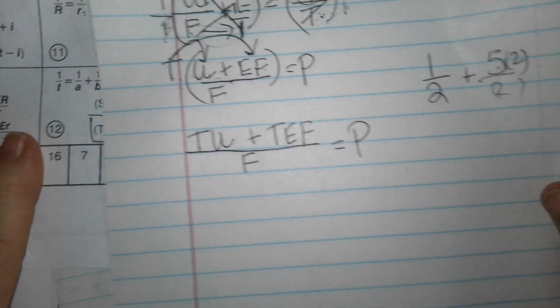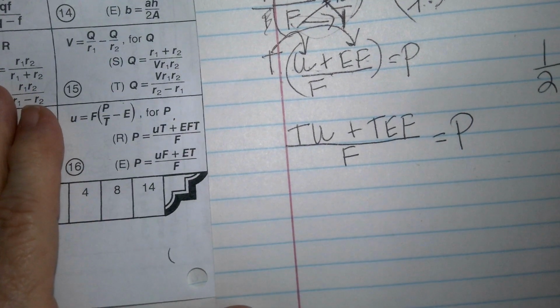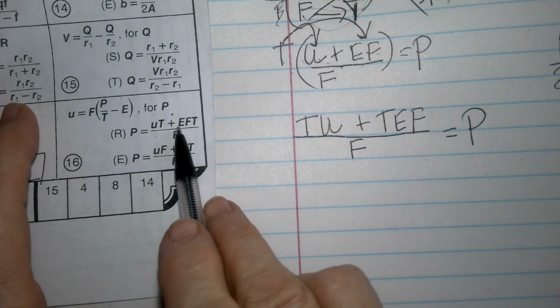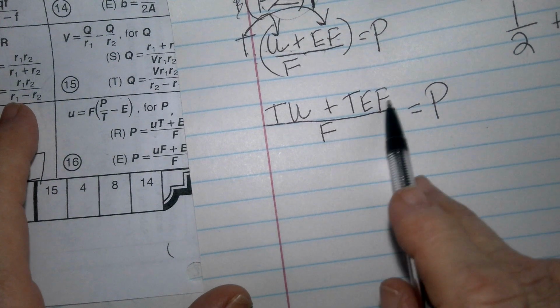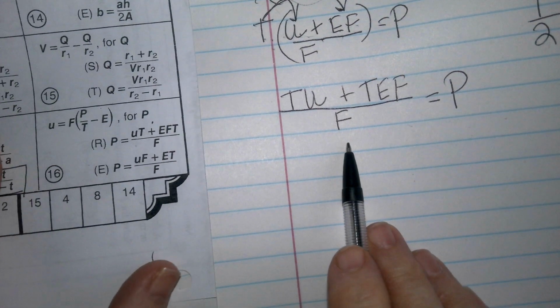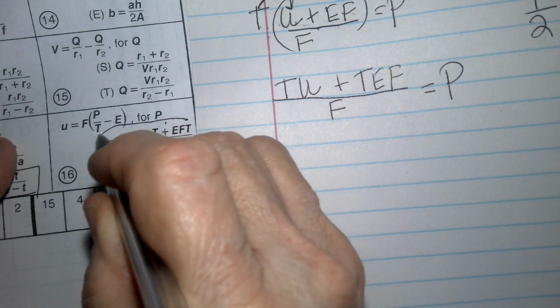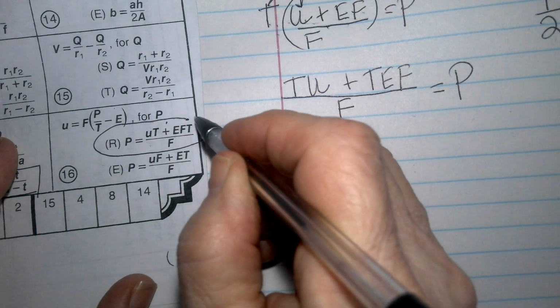Please be there. TU, okay, because it can be switched, plus EFT. EFT, doesn't matter if they're not in the same order. And that is it. So it is this one here. Oh, that one was, I hope the worst one.